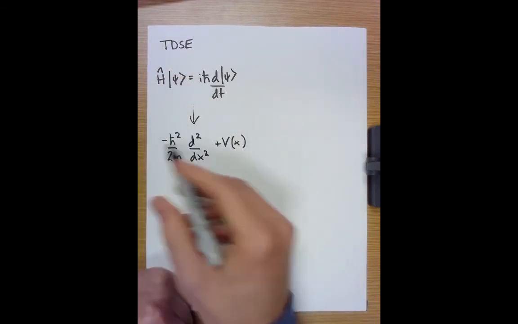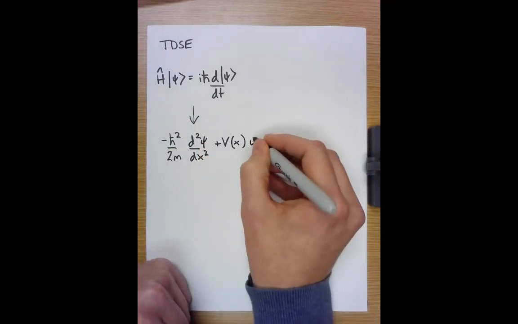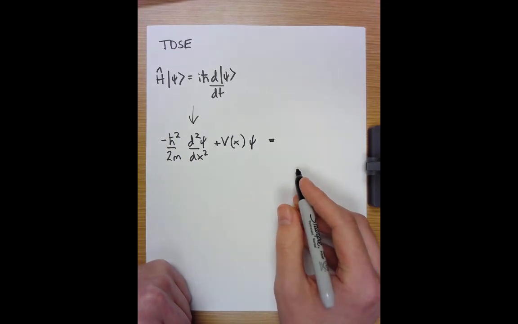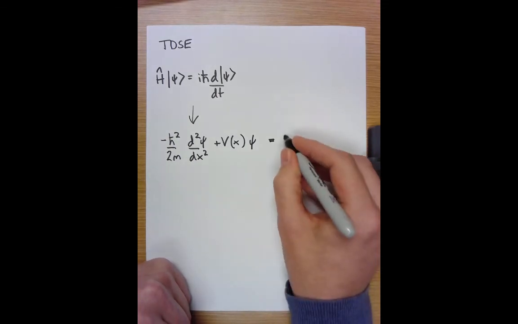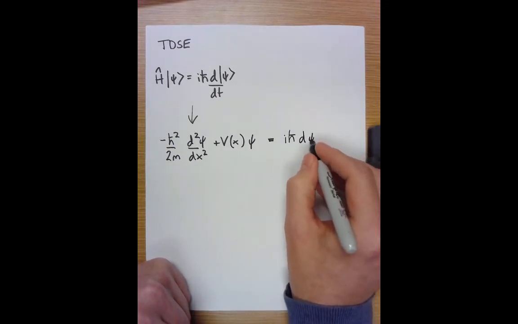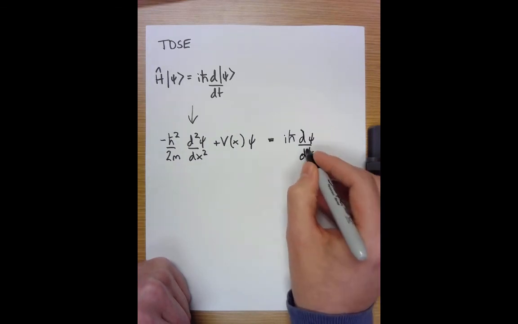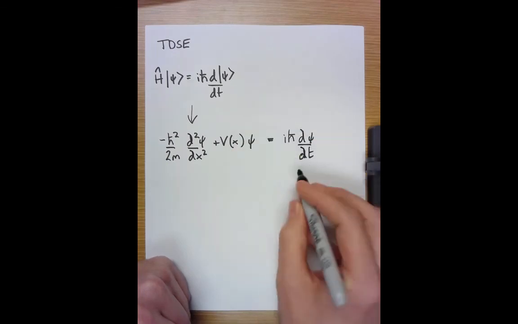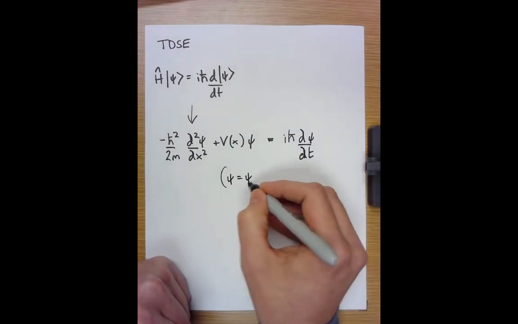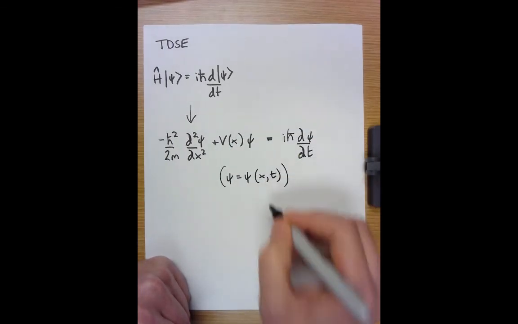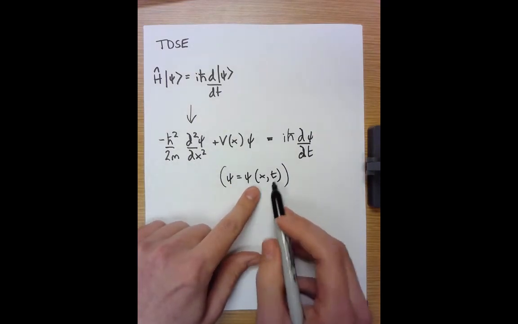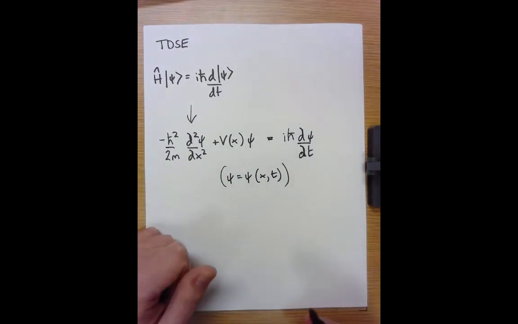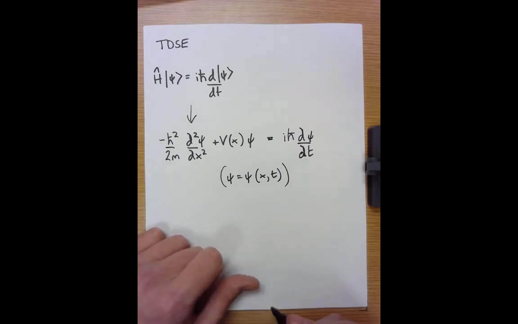This is operating now on the wave function psi, and this is equal to i h bar d psi by dt. We're dealing with a time-dependent Schrödinger equation, so our state is fully time-dependent, which means we need partial derivatives here and here.